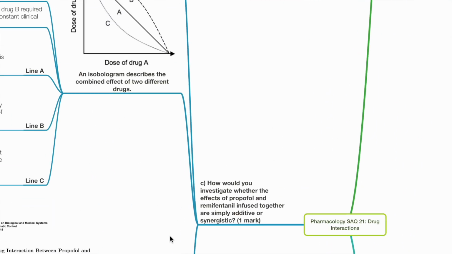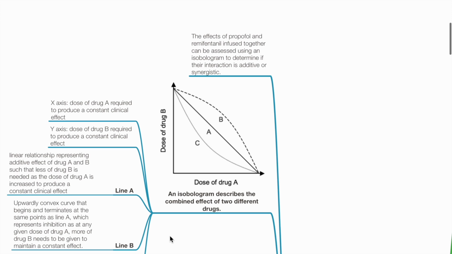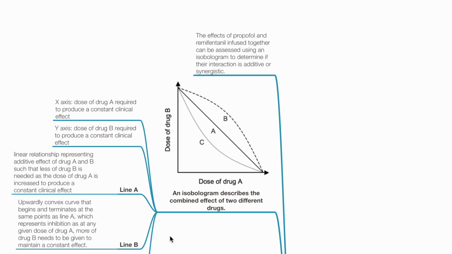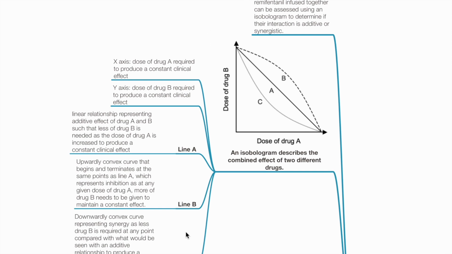C. How would you investigate whether the effects of propofol and remifentanil infused together are simply additive or synergistic? The effect of propofol and remifentanil infused together can be assessed using an isobologram to determine if their interaction is additive or synergistic.